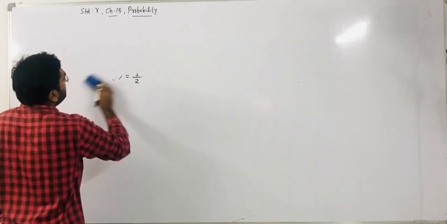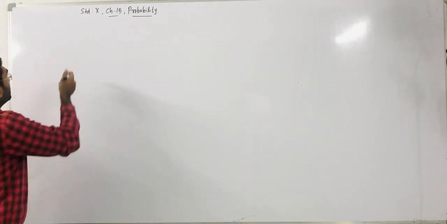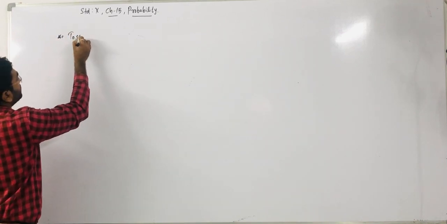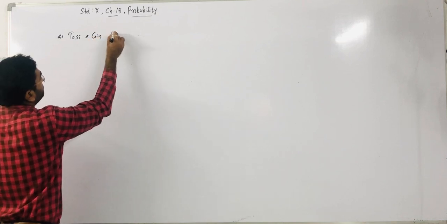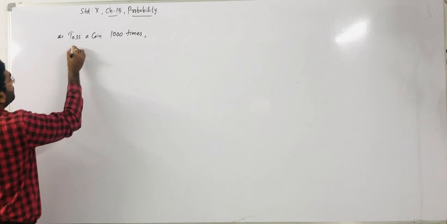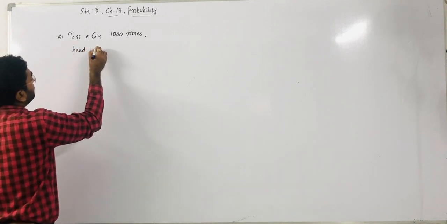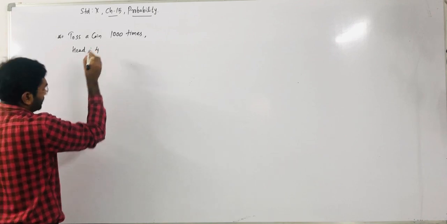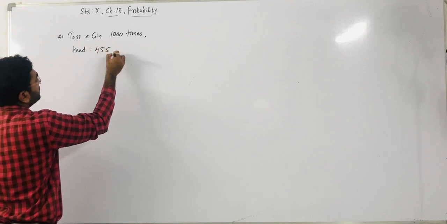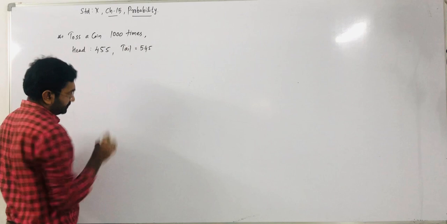Now I want to present some theory which is given in your textbook. Suppose we toss a coin 1000 times, in which we get the head 455 times, and suppose we get the tail 545 times.